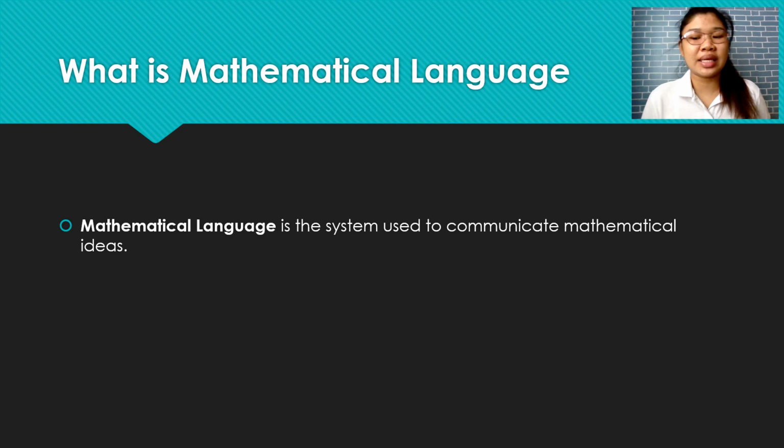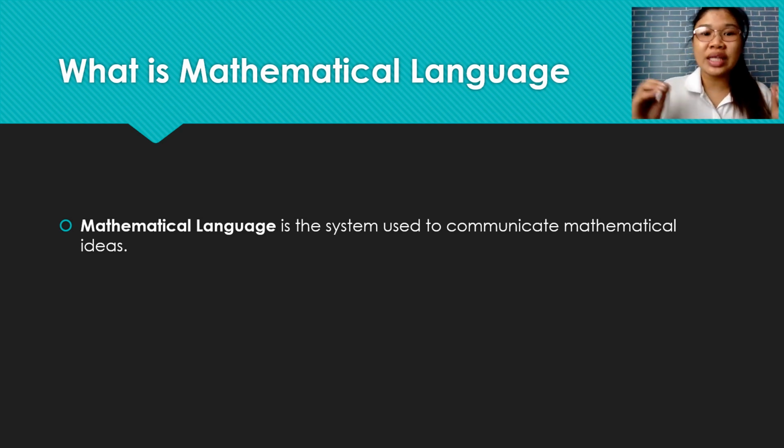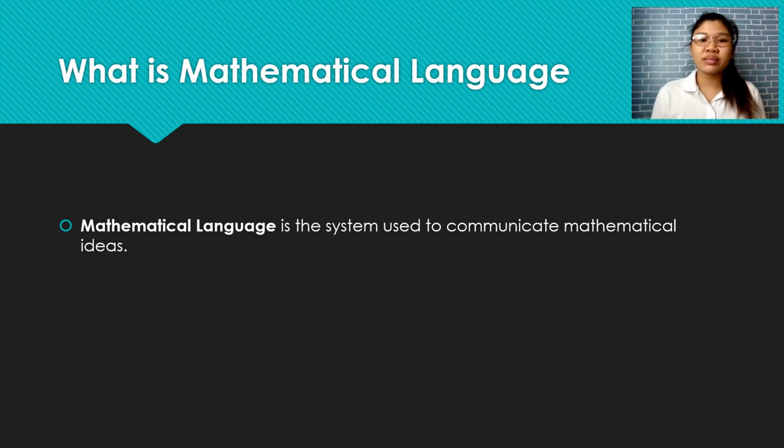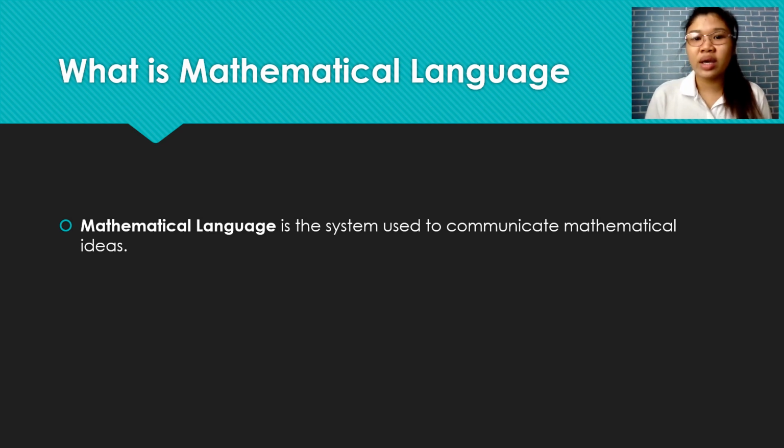So what is mathematical language? As seen here, it is the system used to communicate mathematical ideas. Since it is mathematical language, we are specifically giving emphasis to mathematical ideas. It has its own grammar, its own syntax, symbols, vocabulary.